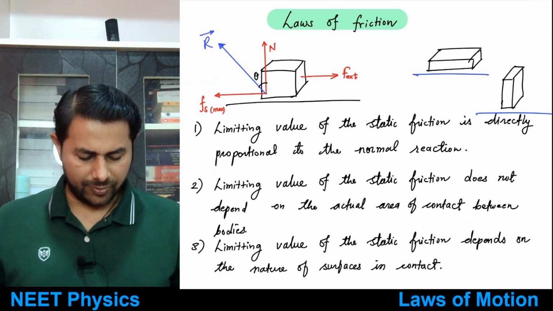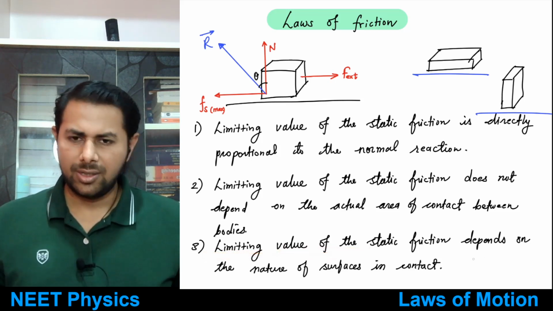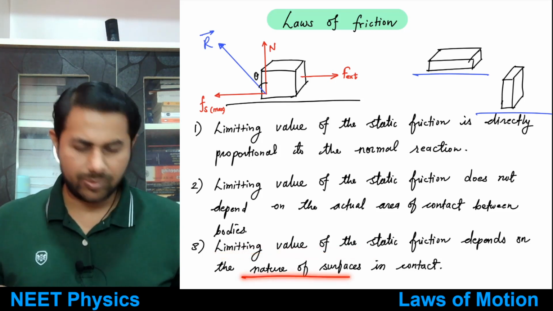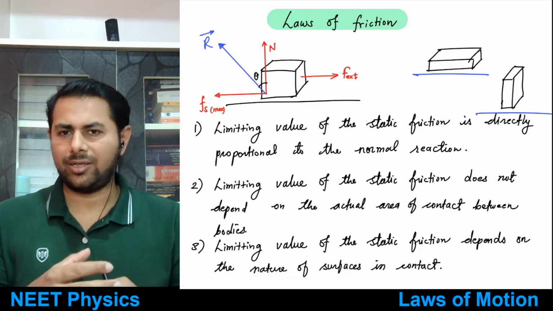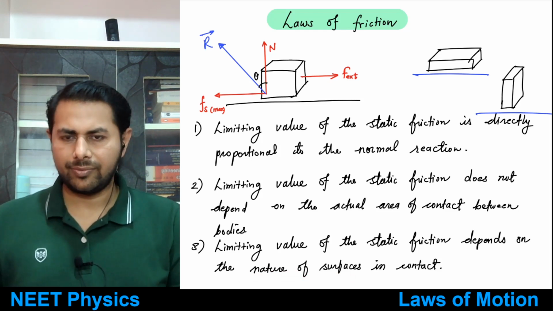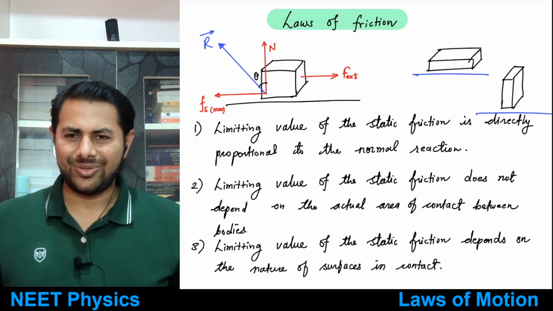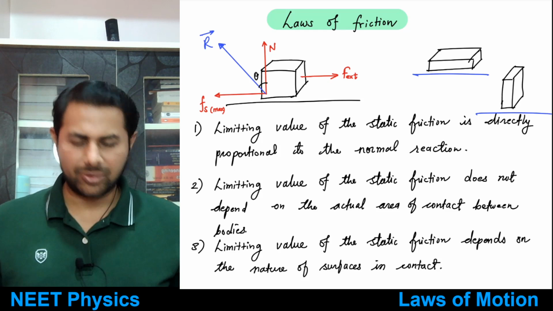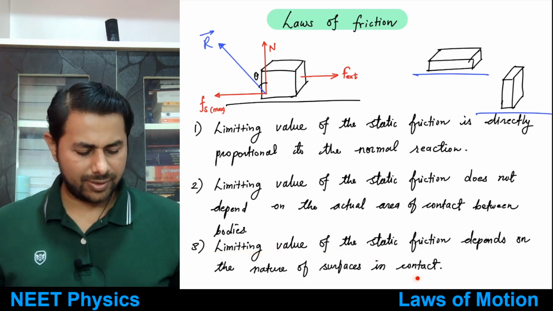Good. Now this is common sense: it will of course depend on the nature of the two surfaces in contact, whether it is metal or some wood. For different kinds of bodies, the friction would be different, right?